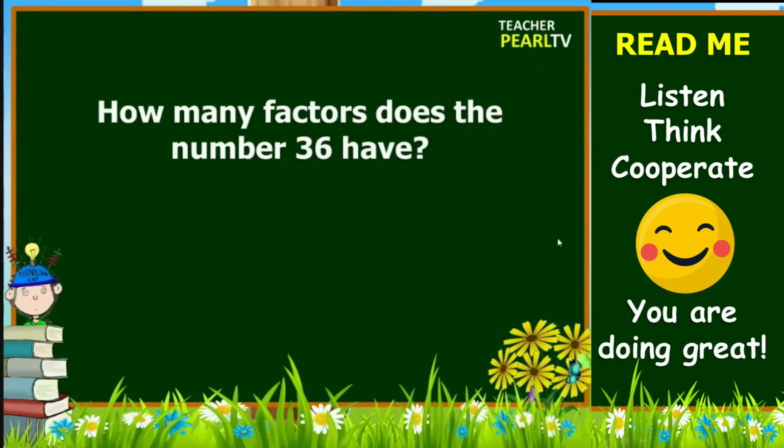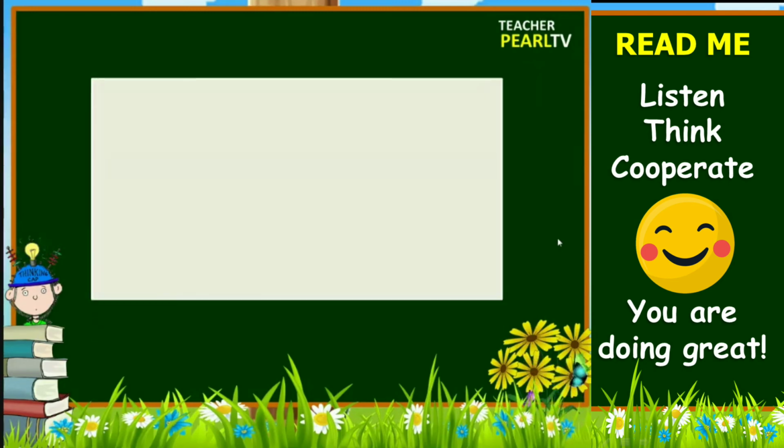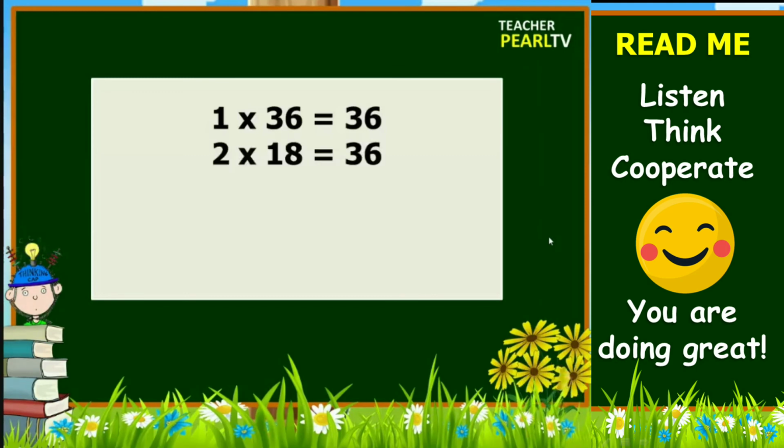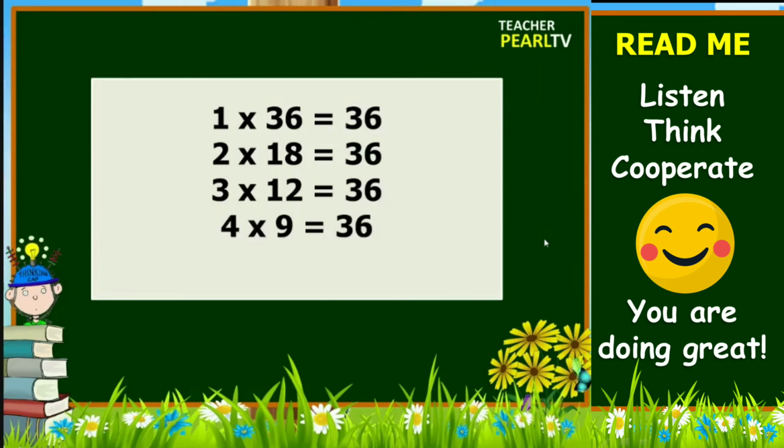How many factors does the number 36 have? So what are we going to do with this? Let us first make a list of the possible multiplication sentences. So as you can see, we have there 1 times 36, 2 times 18, 3 times 12, 4 times 9, and 6 times 6.